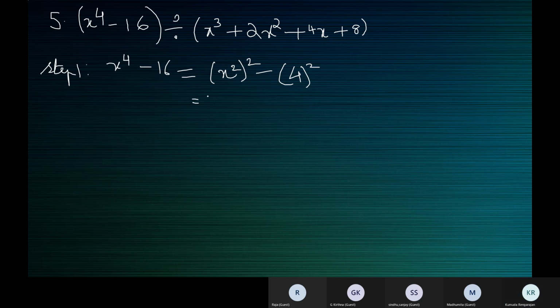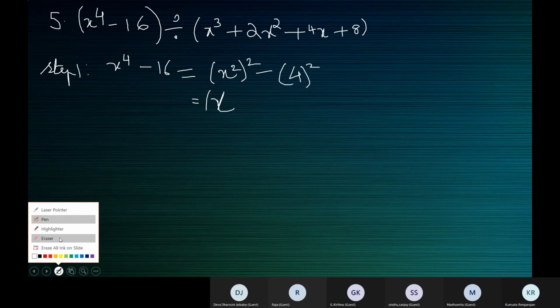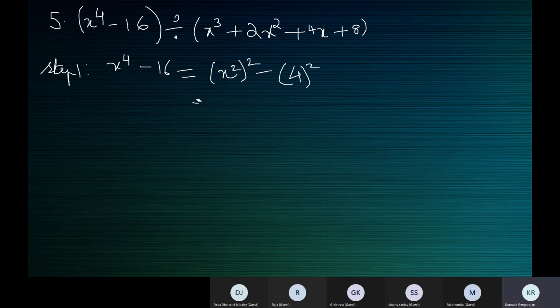Next step. Ma'am, and then the next: x cube plus 2x squared minus 4x minus 8, I grouped, ma'am. X cube plus 2x squared, darling. After this what? X squared minus 4, ma'am. No, Kirtana, this is of the form a square minus b square, right?